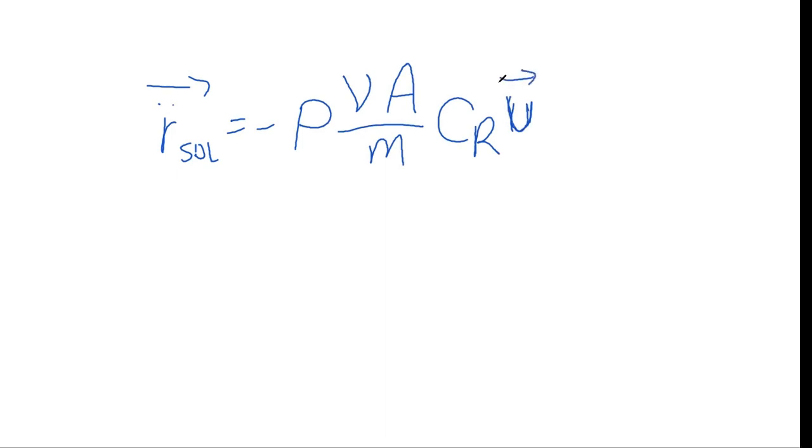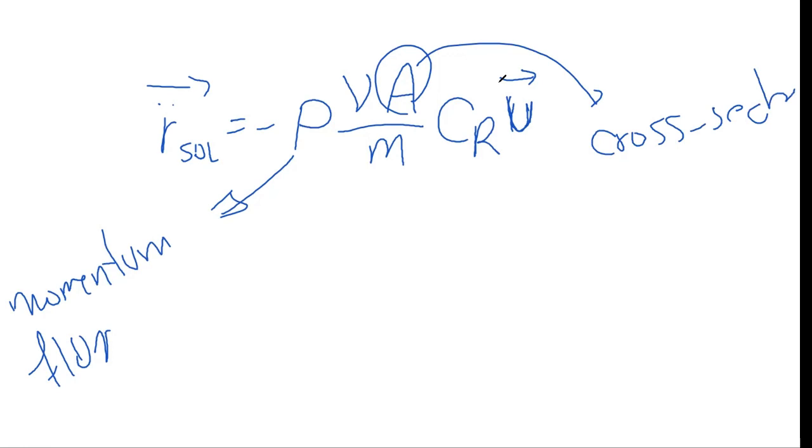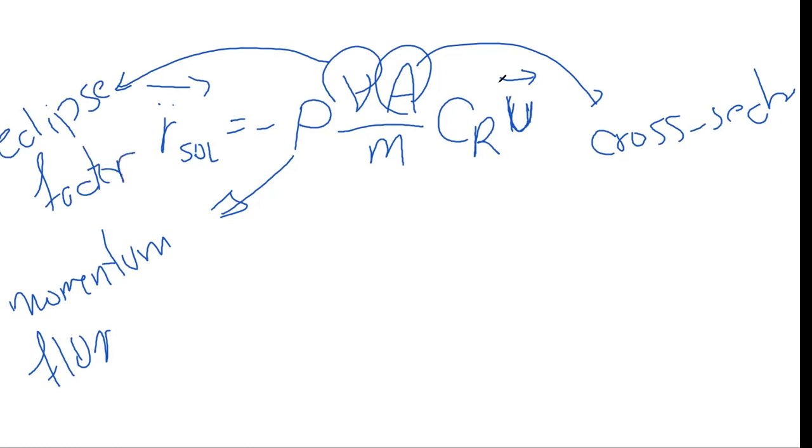P is called the momentum flux, the flux of the sun. A is the cross section. I will explain what it is. ν is called the eclipse factor. And m is the mass of the satellite.